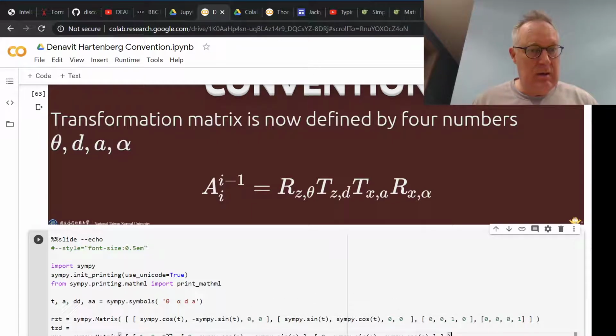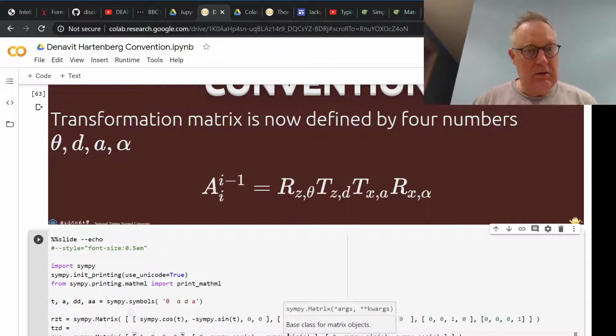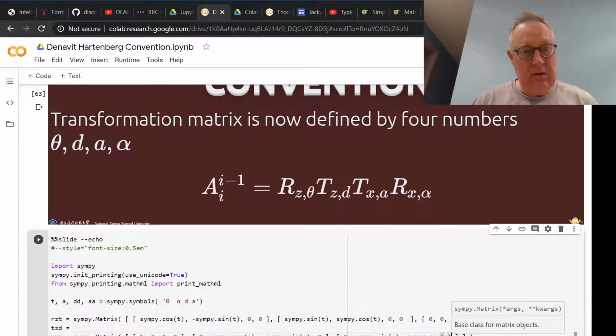Then here the same, 1, 0, 0, 0, 0, 0, and 0, 0, 0, 1.